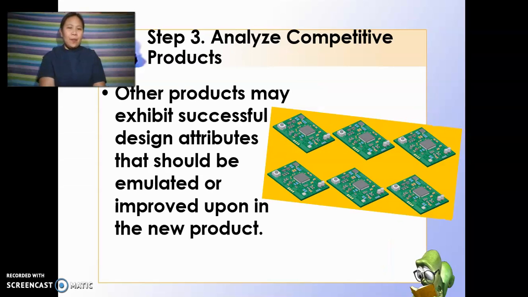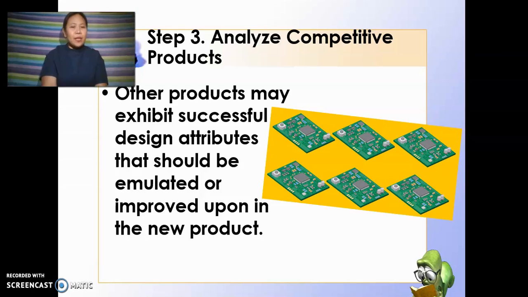On our third step, after we have identified the specifications, we are now going to analyze the competitive products. After identifying the customer's needs and wants, this time we're going to identify the competitive products. Those other products already have the specifications that we want.